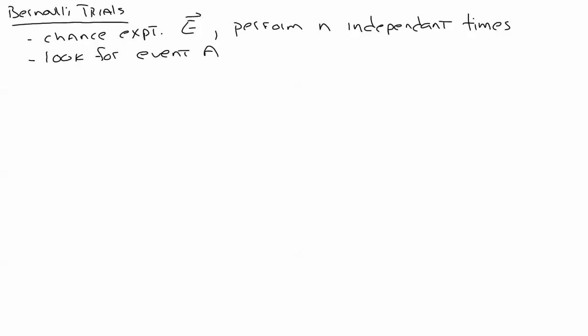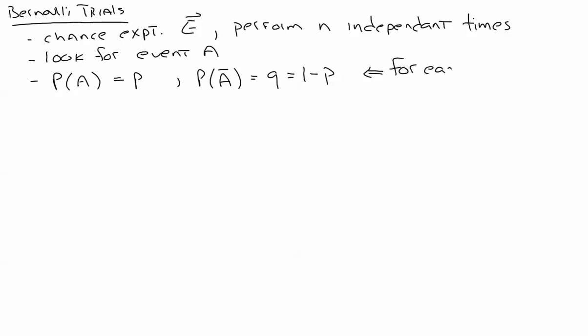A may have one or more elements. The probability that event A occurs in any given trial equals little p. The probability that event A does not occur in any given trial is q, and A either occurs or it does not. So therefore, q has to equal 1 minus p. So this is the probability that A occurs or does not occur for each trial.